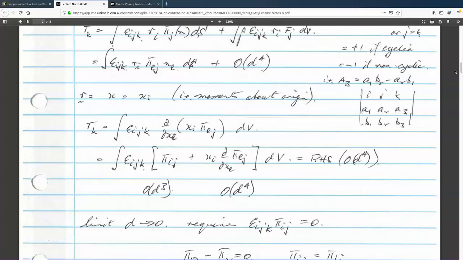I have to differentiate this, but if i is not equal to L, I get 0. If this is d/dx and this is y, I'm going to get 0, right? So the only time I'm going to get something here is when L is equal to i. So when I differentiate this, I get pi ij plus now xi d/dxl of pi lj.